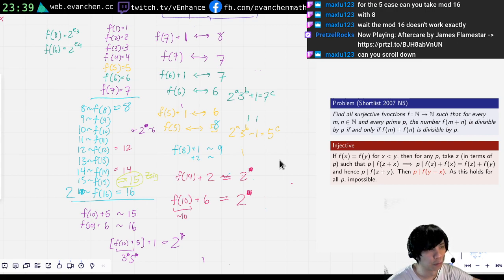So I can, for example, get f of 10 by looking at f of 10 plus 5, which I know only has prime factors in 3 and 5, and it's also 2 to some power minus 1. Does that work? I'm a little apprehensive. It might be a little delicate.